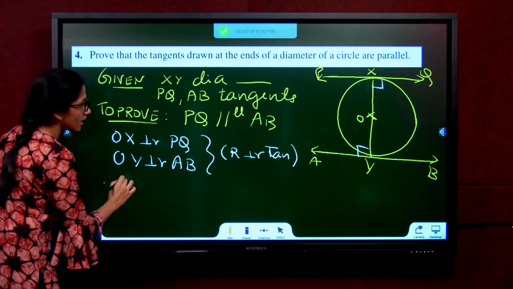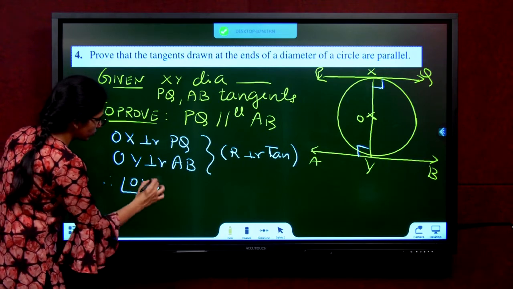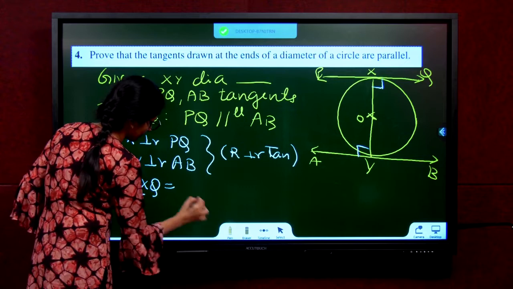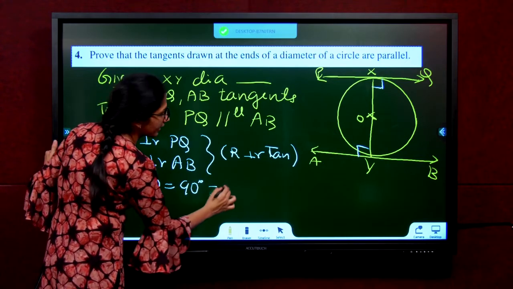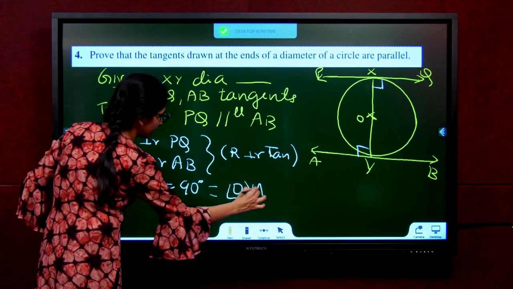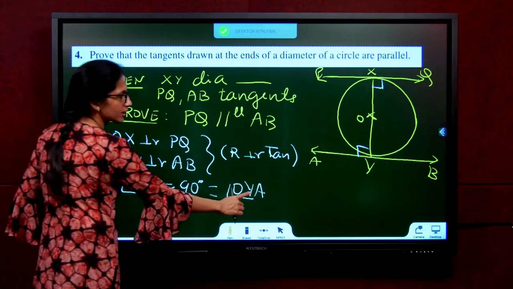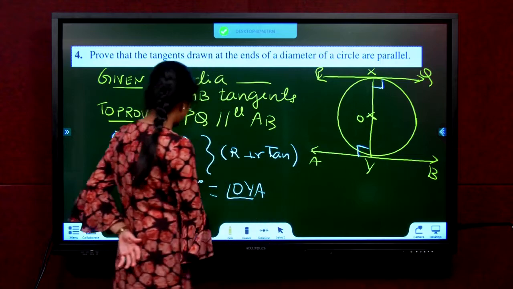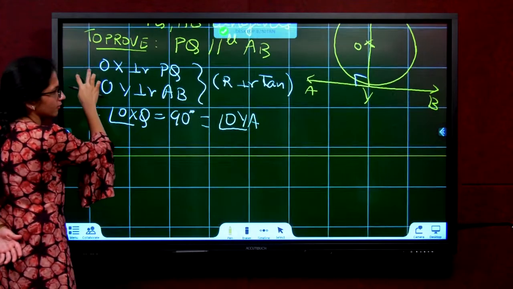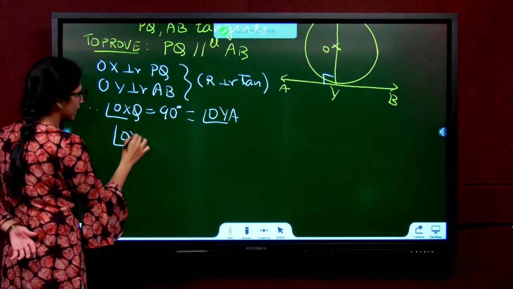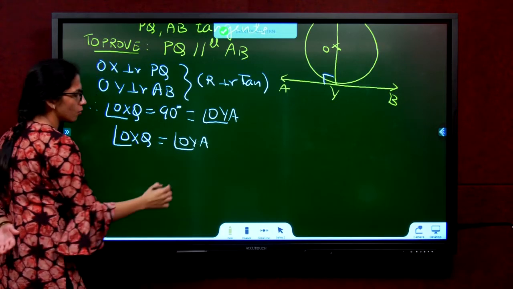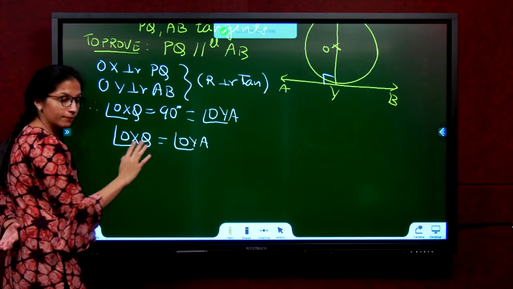Therefore, angle OXQ is equal to 90 degrees. And that is also 90, angle OYA. Angle OXQ is equal to angle OYA. Alternate interior angles. Why? They are equal because of this 90.